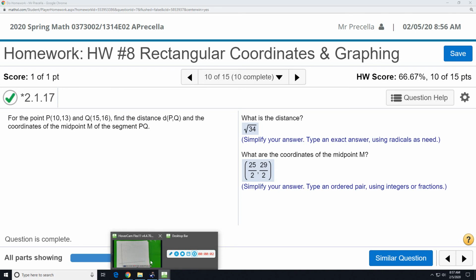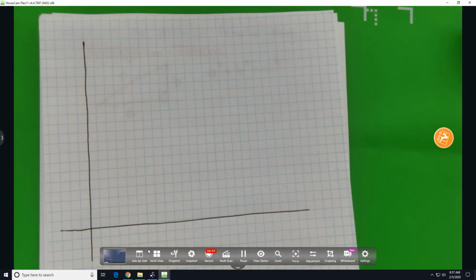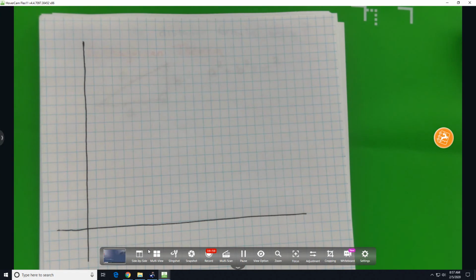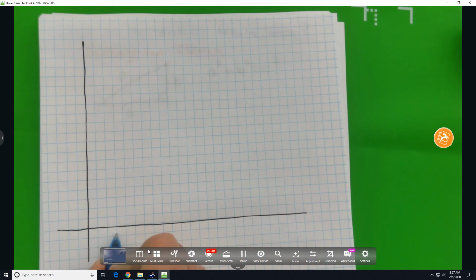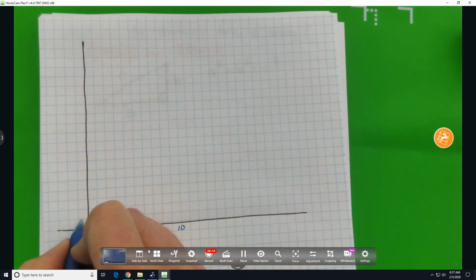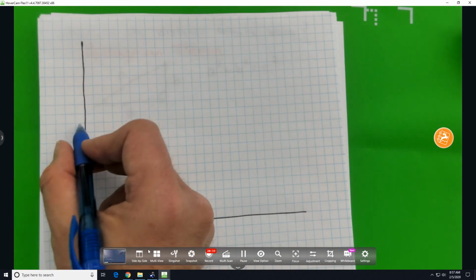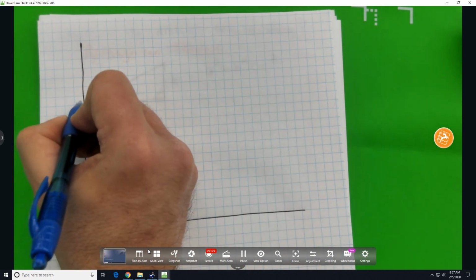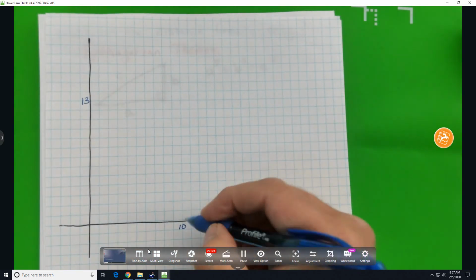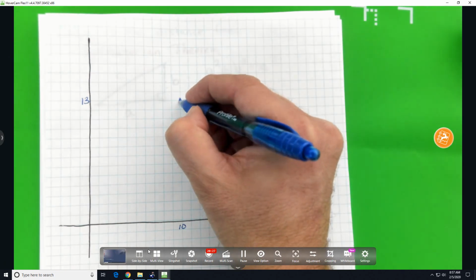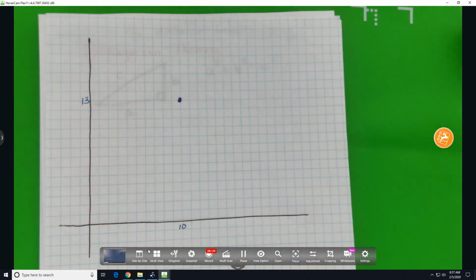I'm going to plot the point 10, 13: 1, 2, 3, 4, 5, 6, 7. You're wondering, is he really going to count all the way to 10? Yeah. 8, 9. There's 10. Then up 11, 12, 13. So right 10 up 13. There's 1 point.